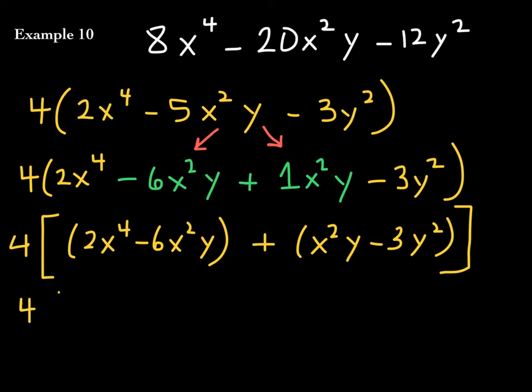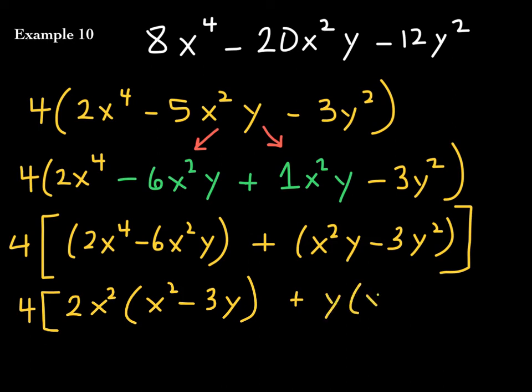All right, the GCF in the first group, from the way I grouped it, is 2x squared, leaving me with x squared minus 3y. And then the GCF here would be just y, leaving you with x squared minus 3y. Okay, notice that we have a common binomial factor of x squared minus 3y.